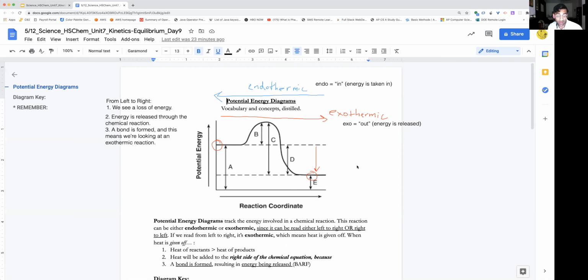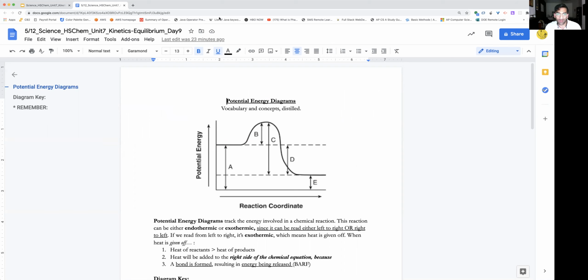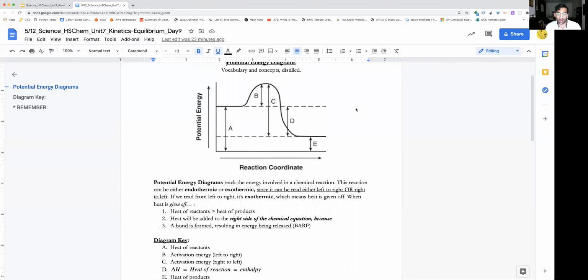And the other thing you can tell is whether a bond is being formed or a bond is being broken. Now, I'm just going to clear this here, make sure that you got it down. The way that we can remember that is by hanging on to our handy acronym, and that is BARF.